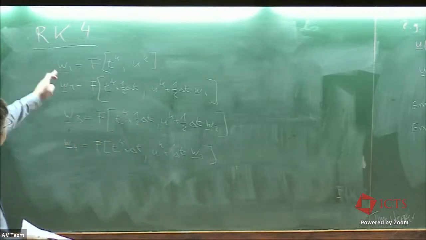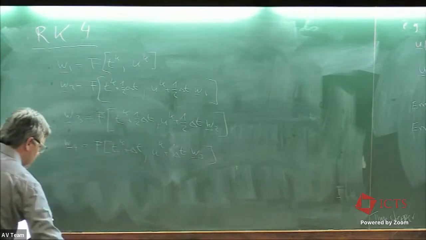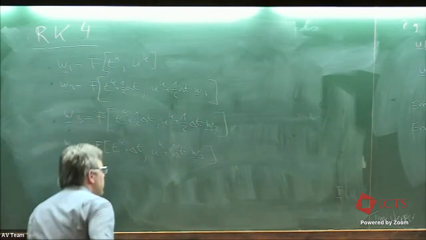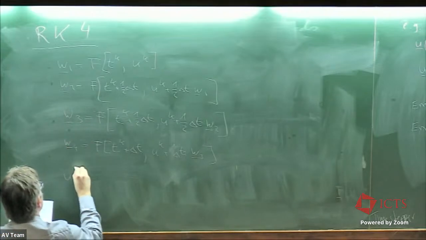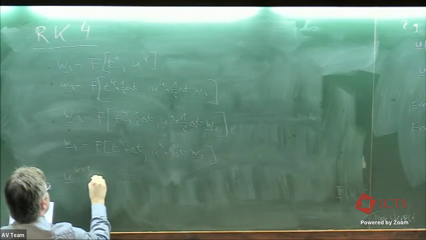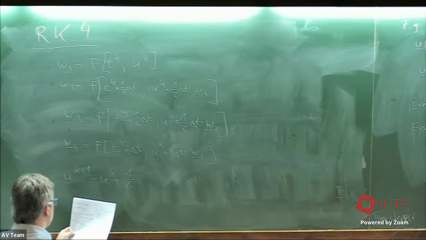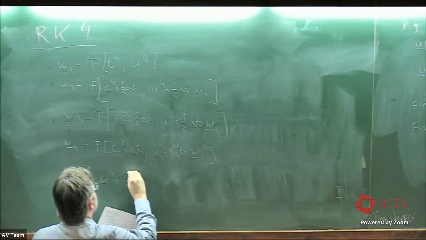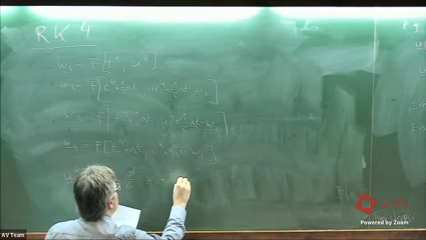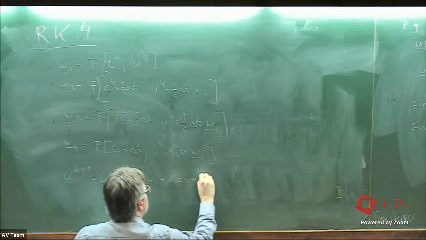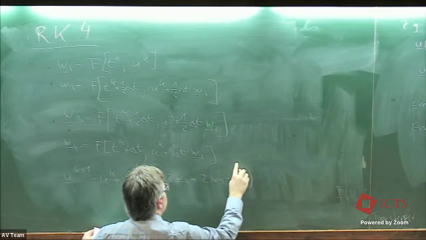And once you have all these 4 right-hand sides, it turns out you can evaluate the next time step as some weighted sum of all these things. So UK plus 1 is going to be UK plus delta t over 6 times W1, 2 W2, 2 W3, W4.